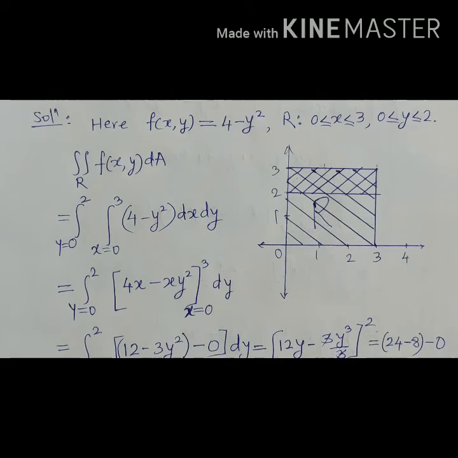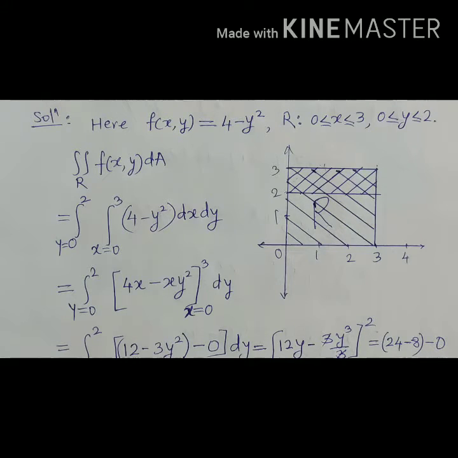In the graph, you can see mistakenly y was taken from 0 to 3, but by cross checks, that part is cut from the actual region. The actual region is y varying from 0 to 2, which is simply given by the slanted line, and x varying from 0 to 3. Hope you understand.